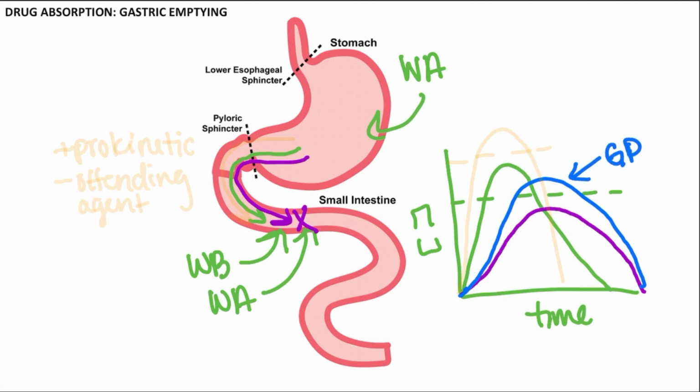But then let's say you decide to treat their gastroparesis with either a prokinetic agent, which will get things moving again, or you remove an offending agent that might be slowing down gastric emptying time. So if you do either of these two things, gastric emptying time will accelerate and will be pushing those contents of the stomach into the small intestine much more quickly to be absorbed.